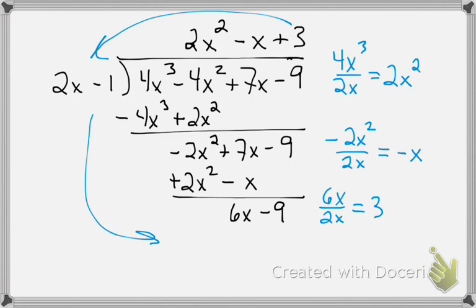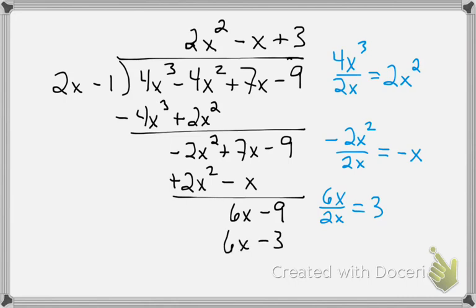Multiply that 3 through the divisor, 2x minus 1, and we get 6x minus 3, right? And then flip your signs because you're subtracting. First column there cancels out, which we now know is expected, and we're left with negative 6.